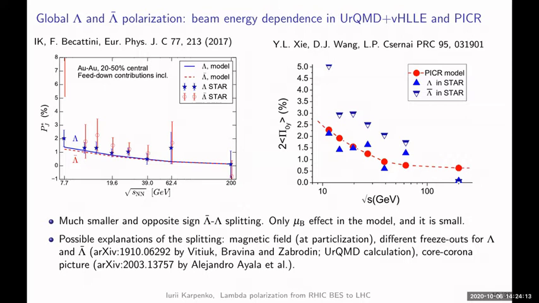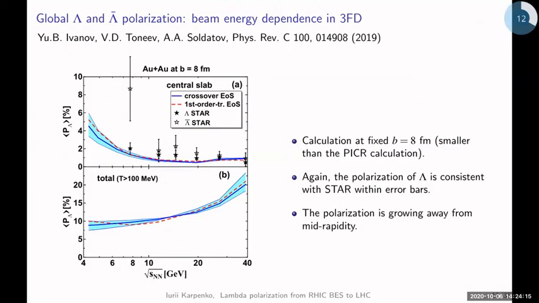Okay, so with that I move on to the next slide. Since I said that there are three models which work for lower energies, that's the third one, the so-called three-fluid hydro. Iurii Ivanov was describing that quite extensively yesterday.